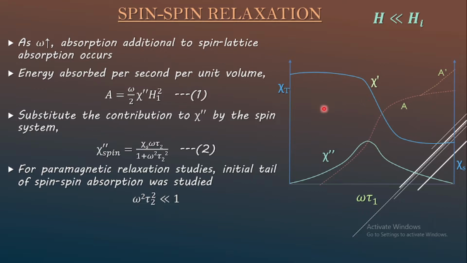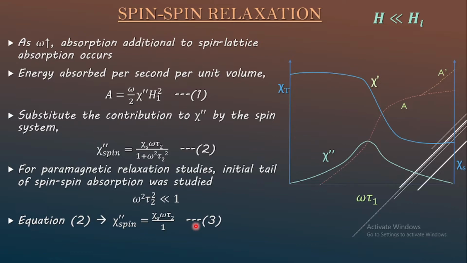Now equation 2 gets reduced to chi double prime of spin equals chi s omega tau 2 divided by 1, because the second part is very much less than 1, so it can be neglected. So it will be equal to chi s omega tau 2, which we call equation number 3.